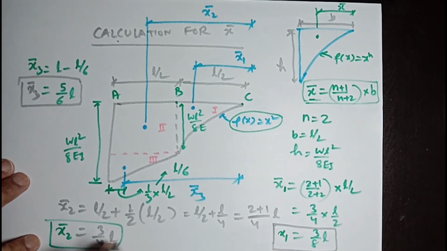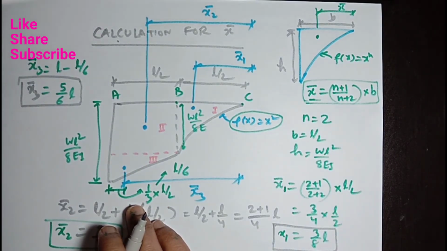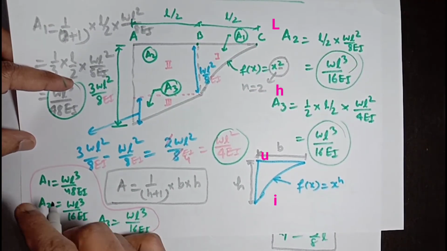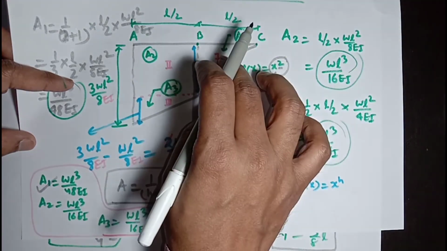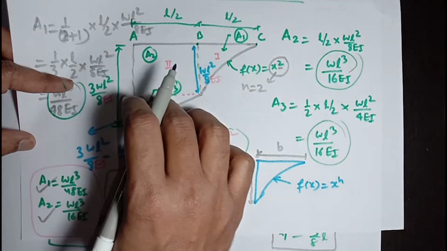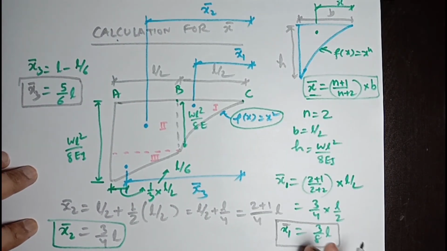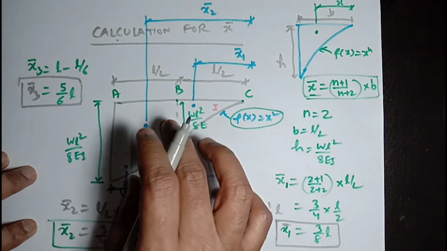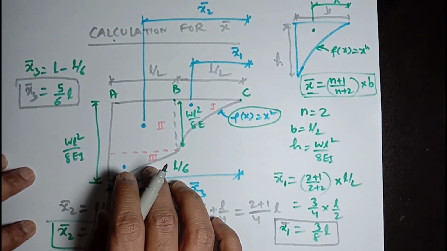Here is x1, here is x2 and here is x3, and you can see I have also calculated the area of every region, A1 for the first region, A2 for the second region, and A3 for the third region, and x1 bar, x2 bar, and x3 bar for the third region, which is a triangle.